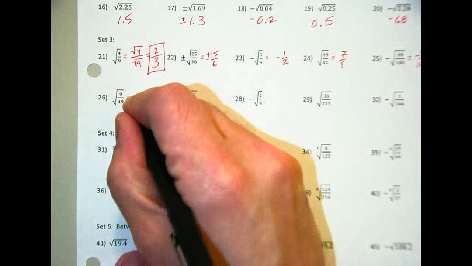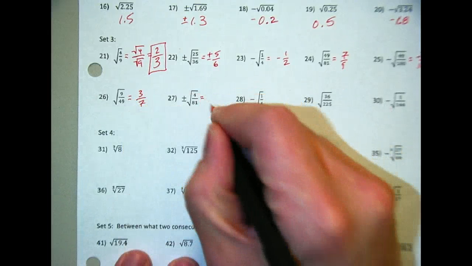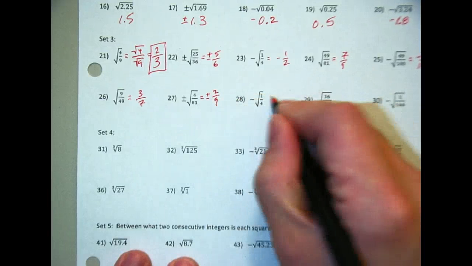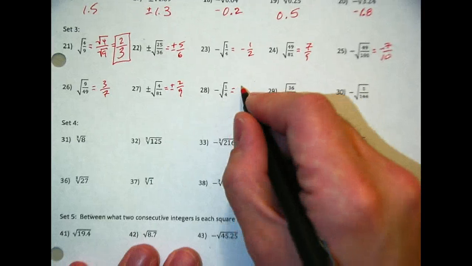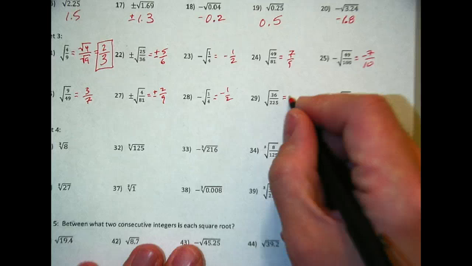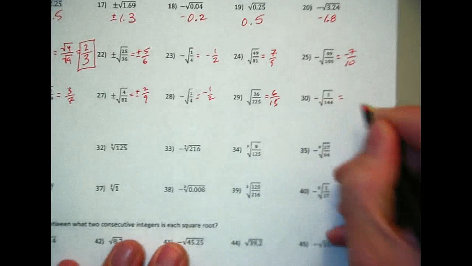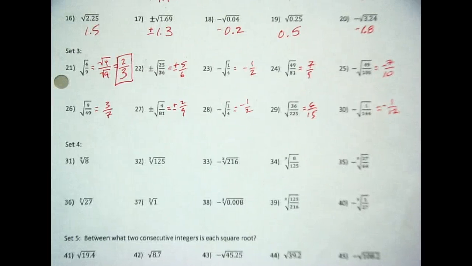And Parker? 3/7. Good. Ryan? Plus minus 2/9. All right. Patrick? Cole? All right, good. And Jennifer? 12. Well done. Any questions on those?